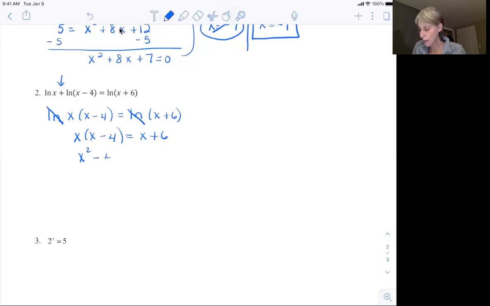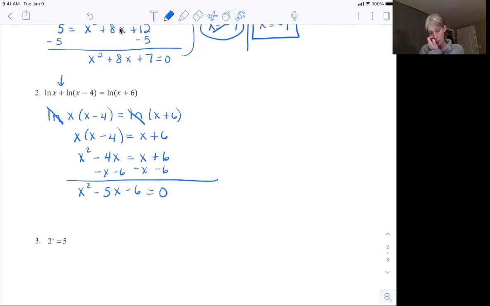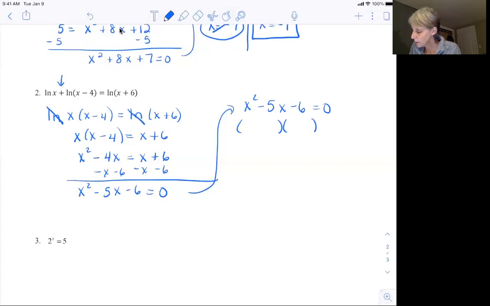And now you're just going to solve this the way you would if you started at that step. x squared minus 5x minus 6 equals 0. We're going to factor this since it's a quadratic.